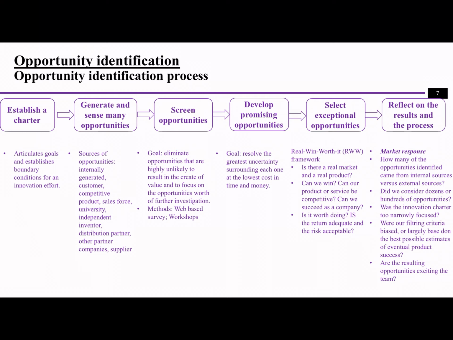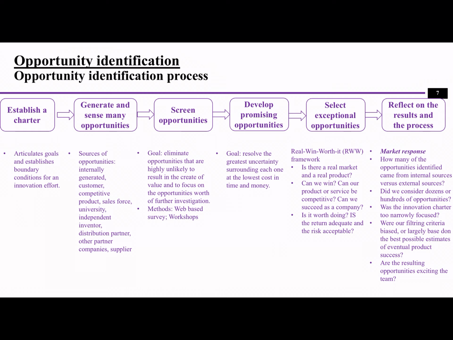Can our product or service be competitive? Can we succeed as a company, right? Or is it worth doing, right? Is the return adequate and the risk acceptable? By asking all these questions, we can further narrow down the scope, and then select the one or ones that we want to develop further.